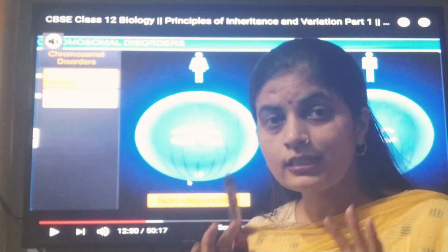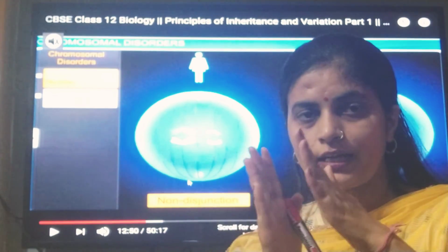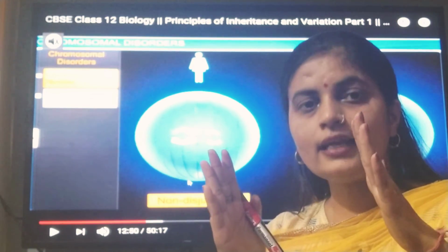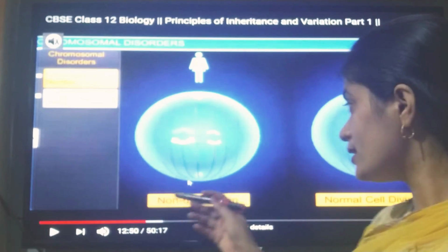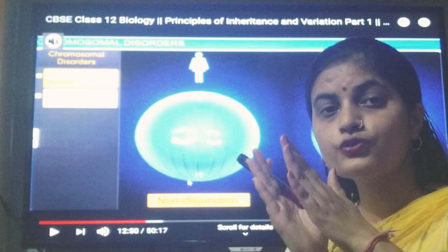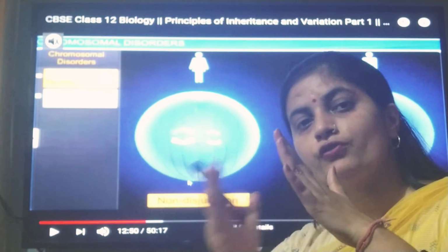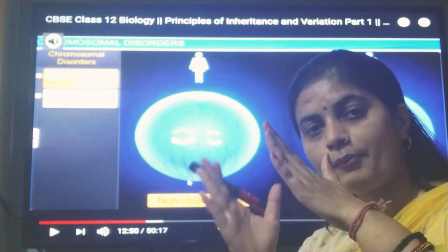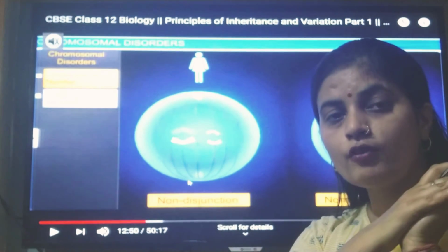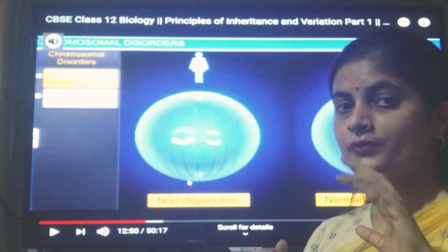You know that chromosomes occur in pairs and they get separated at the time of meiosis. But in the case of non-disjunction, what will happen? The paired chromosomes, which have to become haploid, will not move to opposite poles. Rather, the two will move together to one pole, and it will fluctuate the number of chromosomes in an organism.